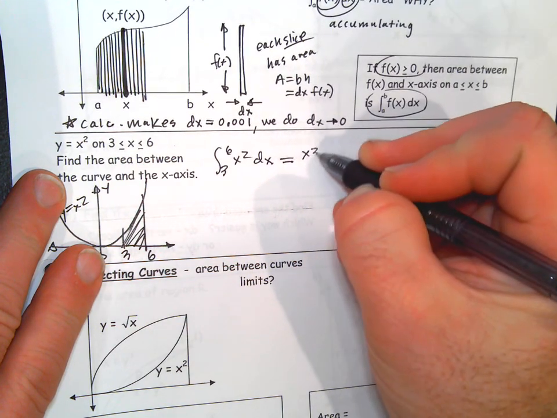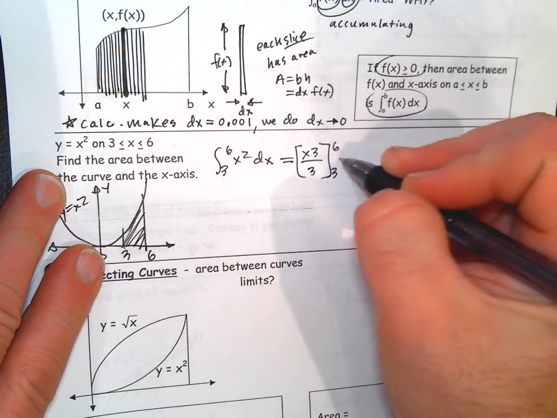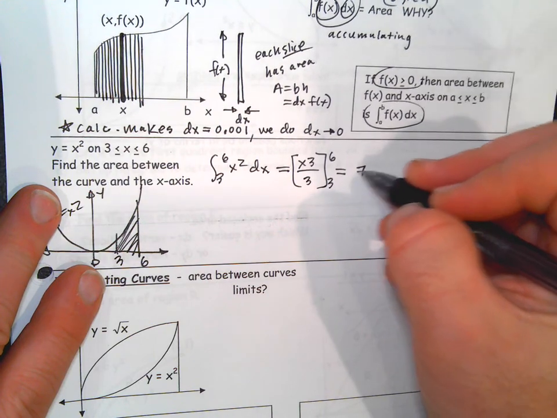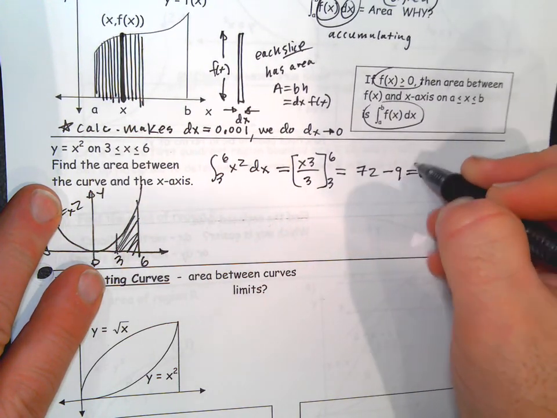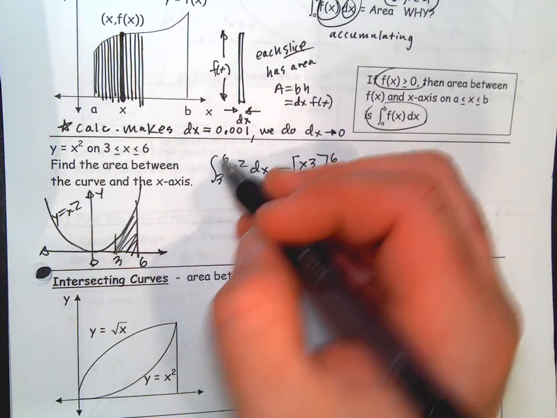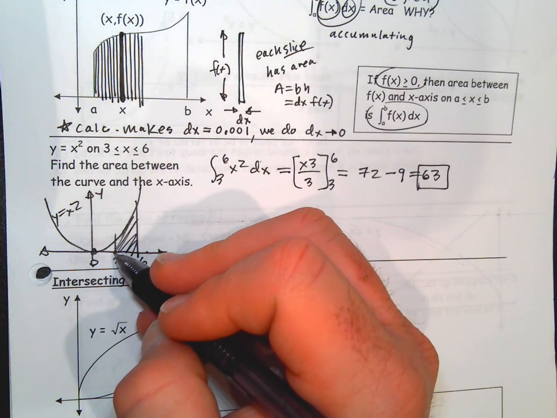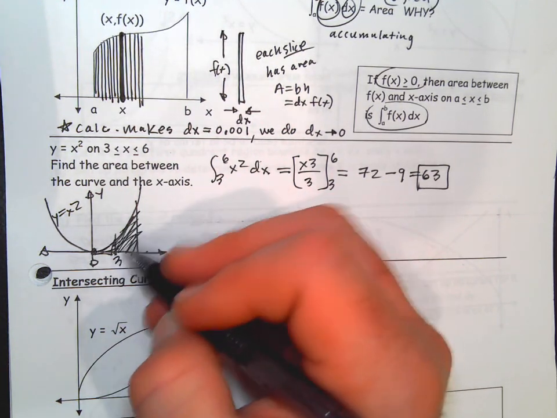The antiderivative is x cubed. We don't need to put the plus c, even though it technically is there. If you plug 6 in here, you get 72. You plug 3 in, you get 9. So the answer is 63. Remember, when you plug 6 in, it's like you find the area from 0 to 6, and plugging 3 in gives 0 to 3. That's why we always subtract the smaller one from the big one, because it gives you the difference in between, which is what we're going for.